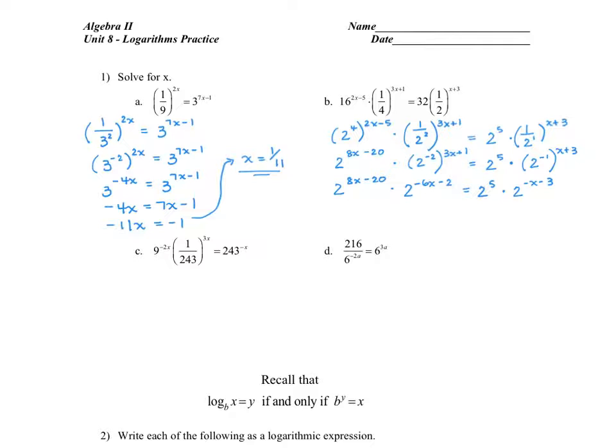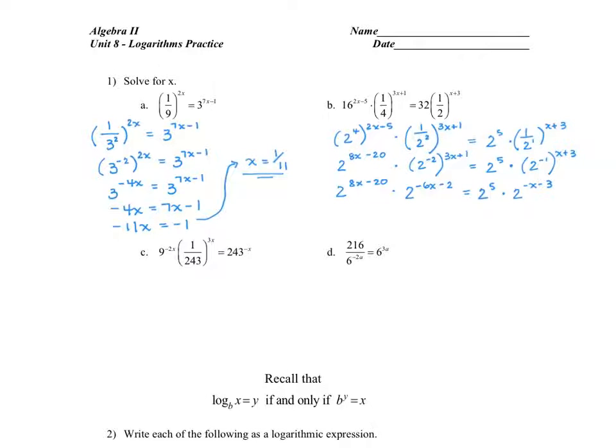Now that I have all the bases the same, I can use my rules of exponents, and when I multiply bases that are the same, I add the exponents. So I'll get 8x minus 20 minus 6x minus 2 equals 5 minus x minus 3.